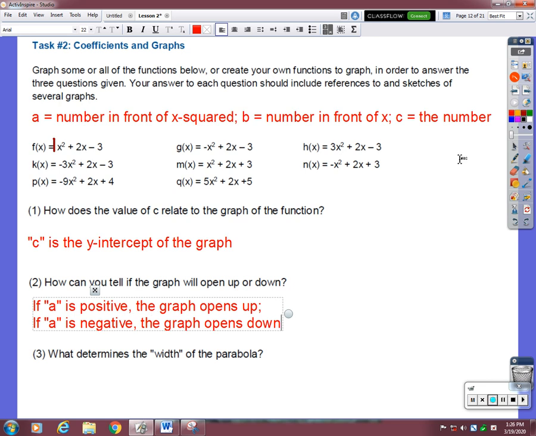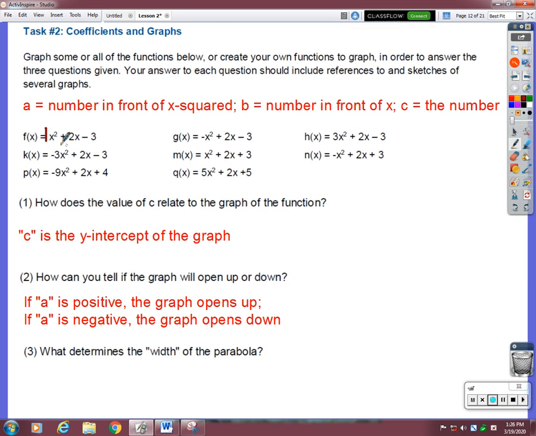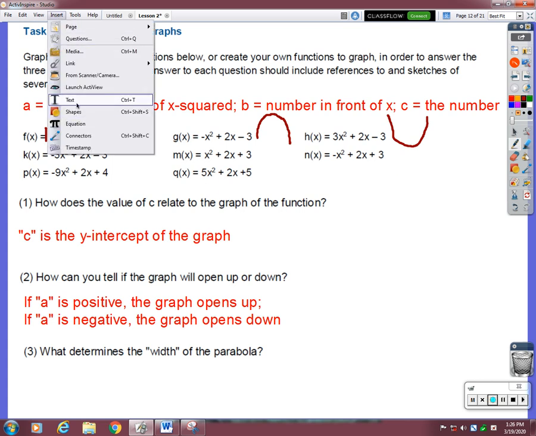So again, to go back and look at these examples, A right here is positive, so that means the graph opens up, so it'd be a guy that looks like that. This one right there, though, is negative, so that means the parabola is going to open down. This one is positive, so the parabola opens up.